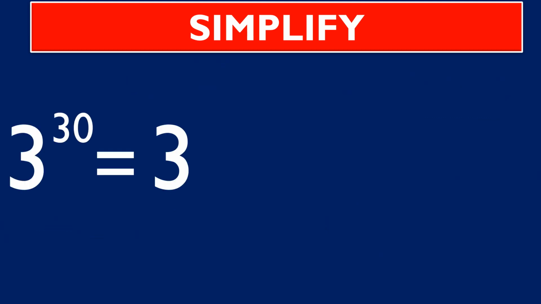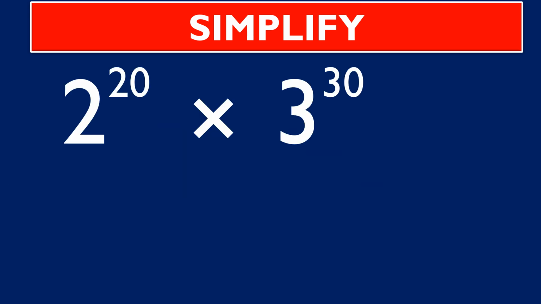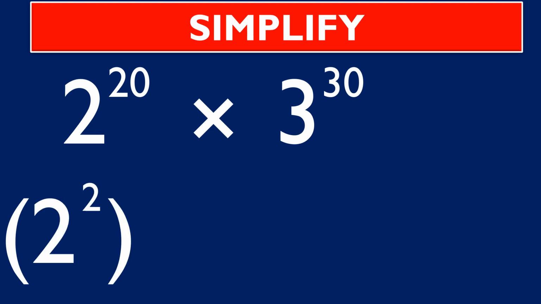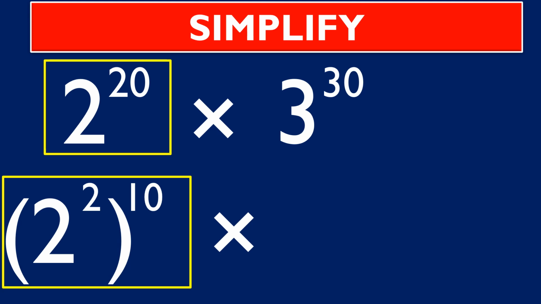So we have 3 raised to the power 30 equals 3 raised to the power 3 times 10, which is also equal to 3 raised to the power 3 raised to the power 10. The question of the day is 2 raised to the power 20 times 3 raised to the power 30. We have expressed our 2 raised to the power 20 below as 2 raised to the power 2 raised to the power 10, so what we have on top is the same as what we have at the bottom.